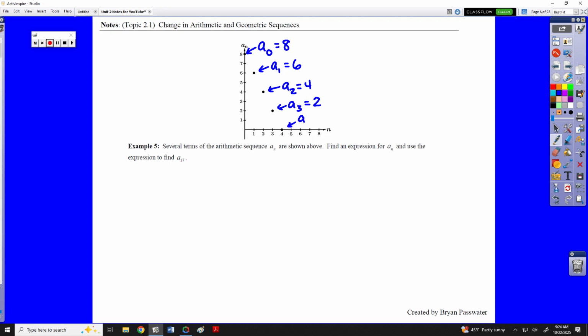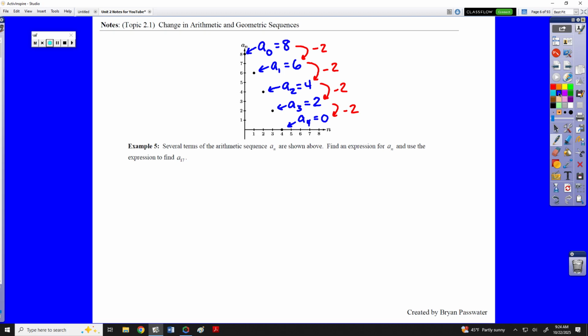We even have our fourth term is 0. Notice that in between terms, we are always subtracting 2. So this is just another way to display the same sort of information. They gave us way more information than we need to do this problem.